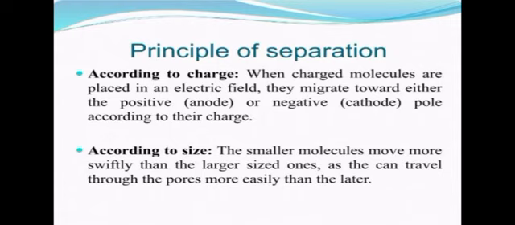That is charge based separation. Second, according to size, the smaller molecules move more swiftly than the large ones, as they can travel through the pores more easily than the latter. These are the principles of gel electrophoresis.